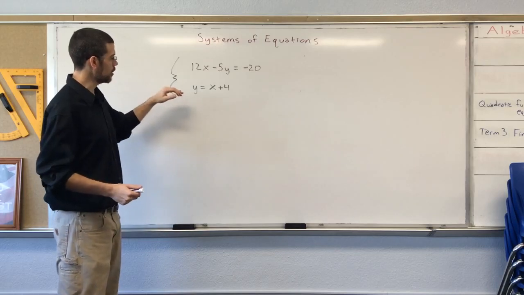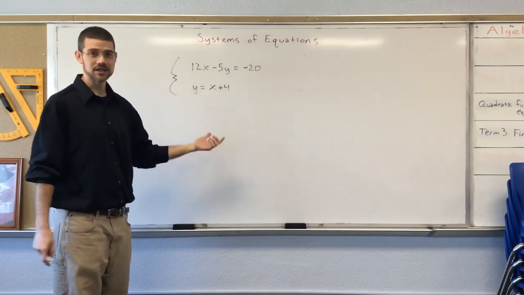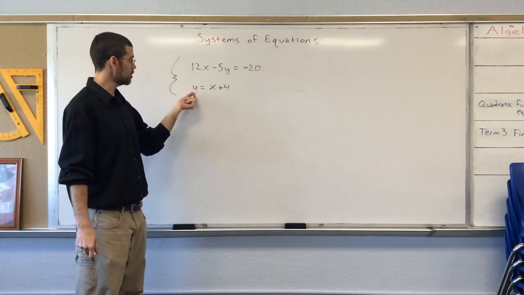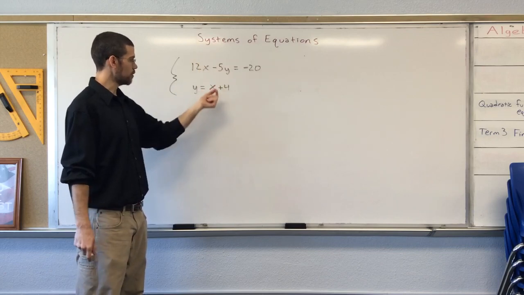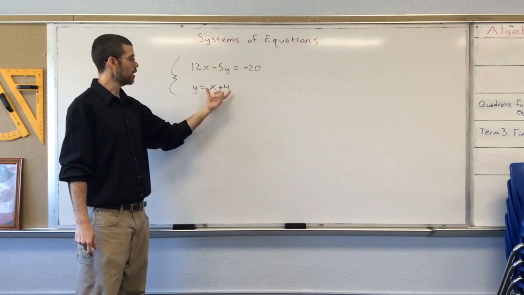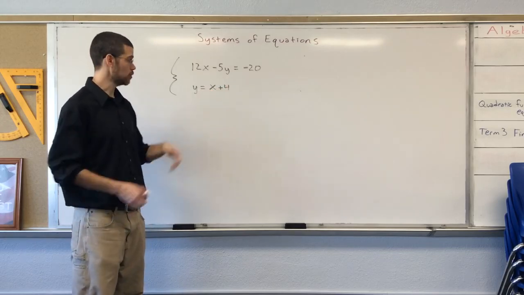We're going to start by noticing that y equals x plus 4 is a nice, neat equation where y is all by itself. So anywhere we see a y in the other equation, we can replace it or substitute the y with x plus 4, because x plus 4 equals y.